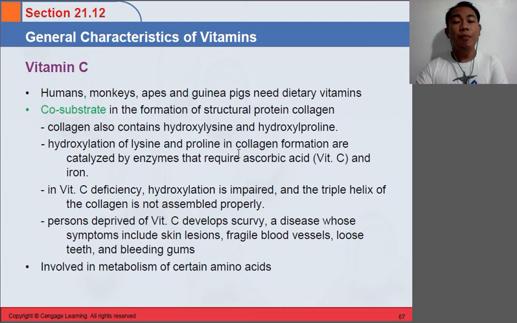Scurvy is a disease whose symptoms include skin lesions, fragile blood vessels, loose teeth, and bleeding gums. Vitamin C is involved in the metabolism of a certain amino acid.